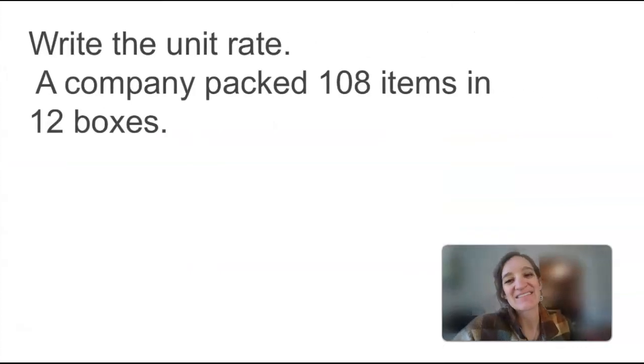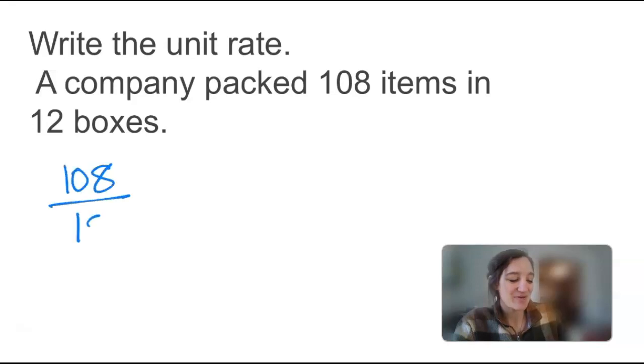Okay. All right, it's up to you now. A company packed 108 items in 12 boxes. What is the unit rate? Well, you're going to put the bigger number on top, and then you're going to divide it by the bottom number.